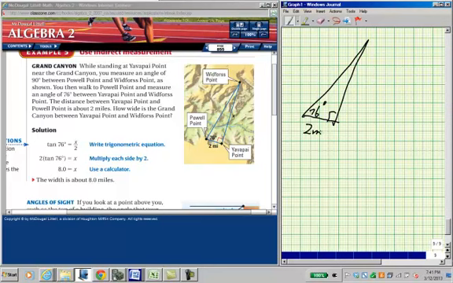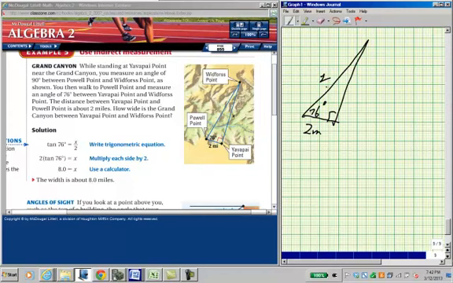Now we found this, but what we want to find is this. Okay, let's call this Z or something. Well, what we want to find is Z, and what we know is the adjacent. So we have the adjacent and the hypotenuse. Well, what relationship relates the adjacent and the hypotenuse?